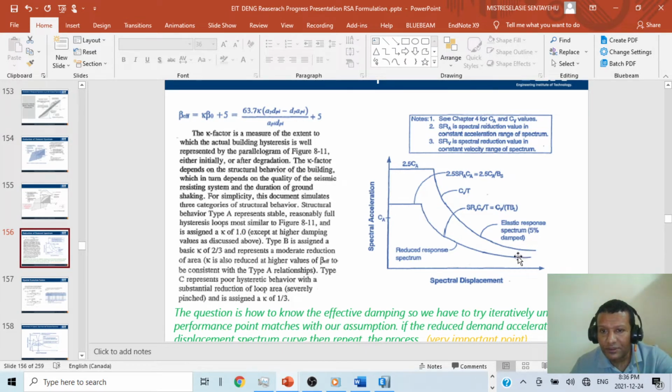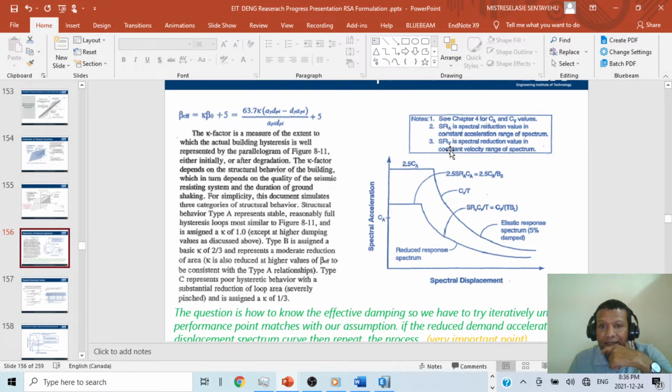For the constant velocity area, we have to multiply it by SRV, CV over T. So we need SRA and SRV, because the curve was CV over T, but SRV is needed.